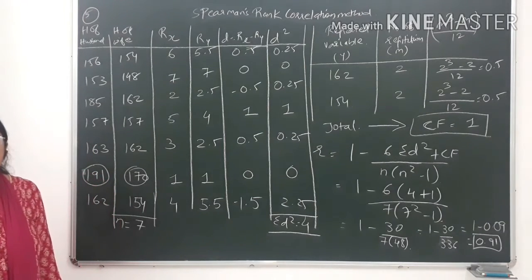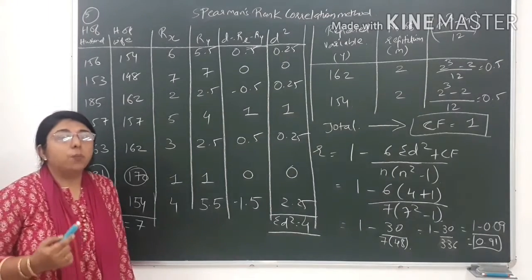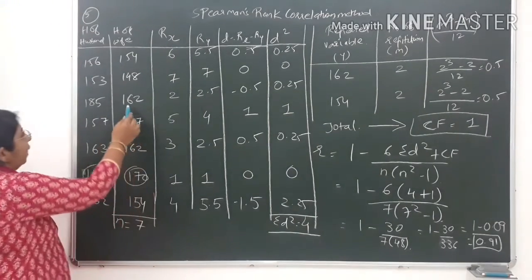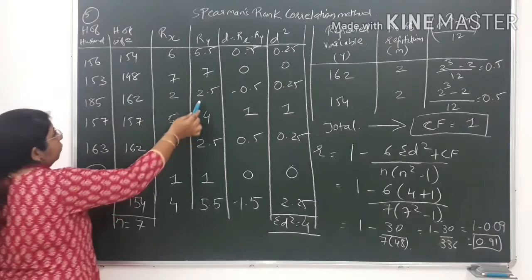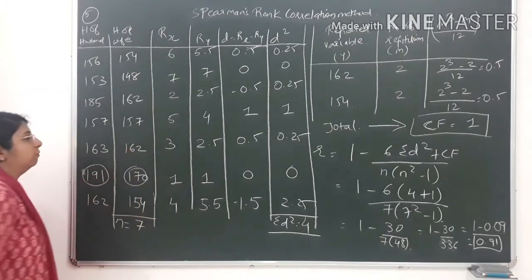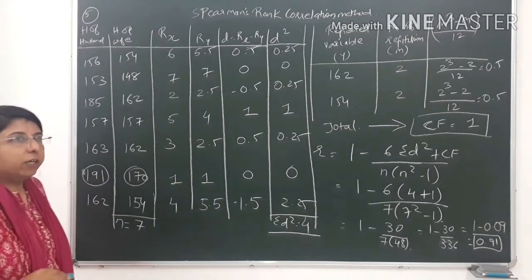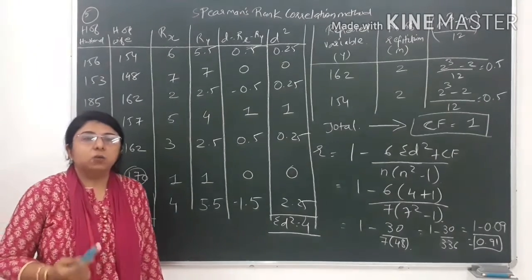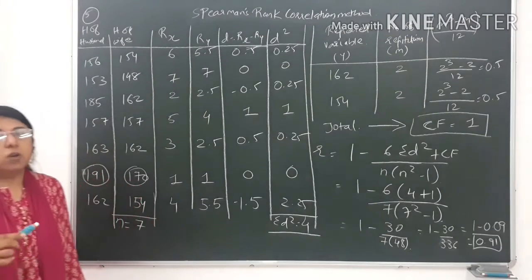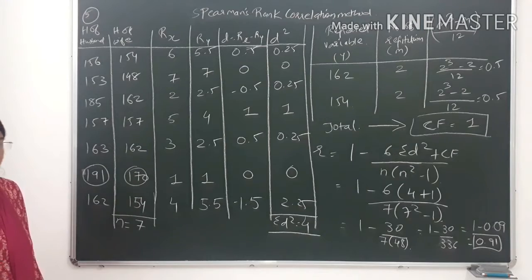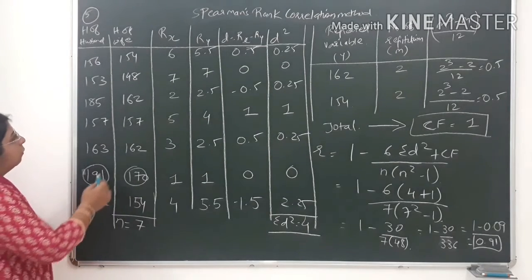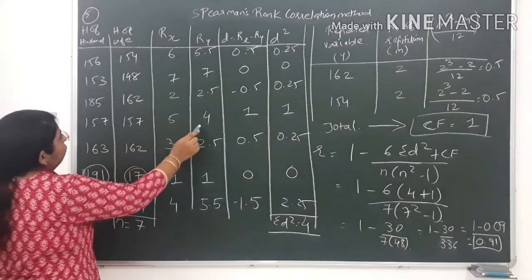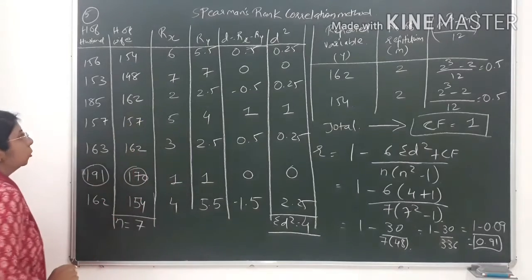So 2 plus 3 is 5, and 5 divided by 2 is 2.5. So in both the values, 162 and 162, you will write 2.5, 2.5. If you write 2.5, 2.5, it means the third rank will be skipped. So now you have to continue with the 4th rank, which is given to 157 after 162.